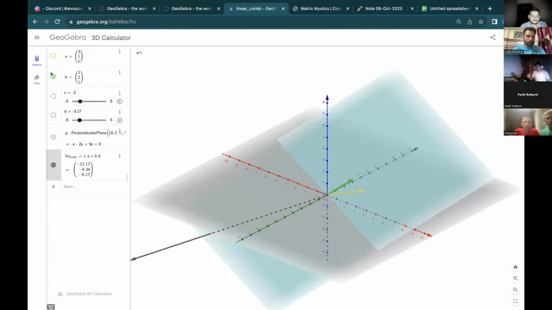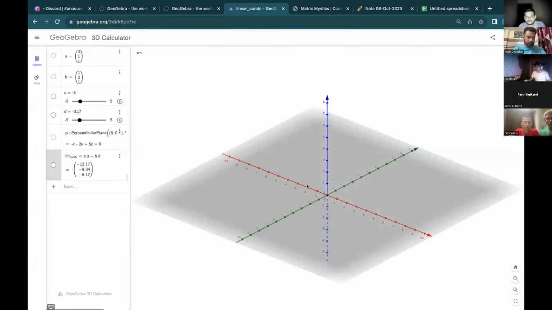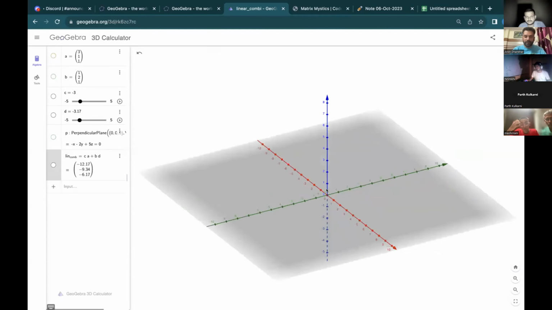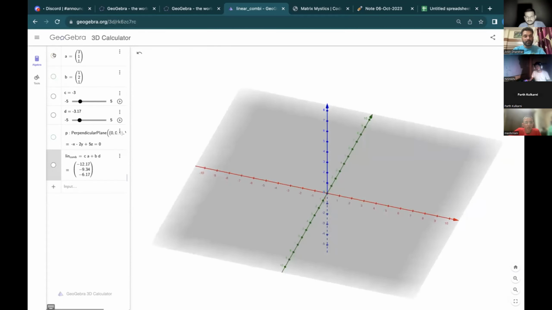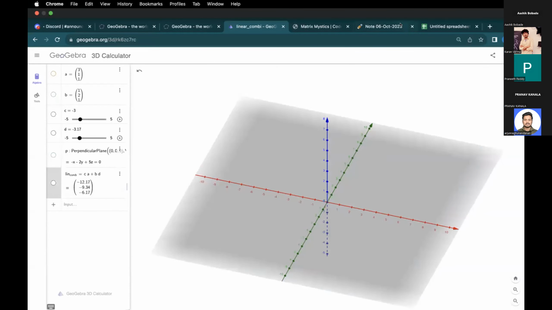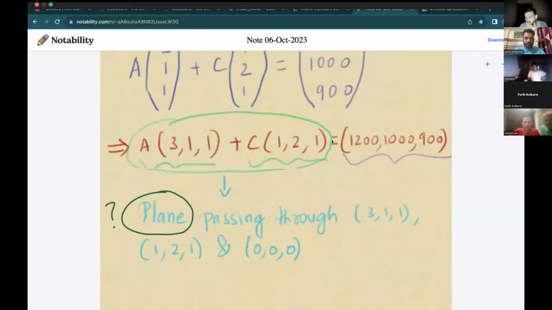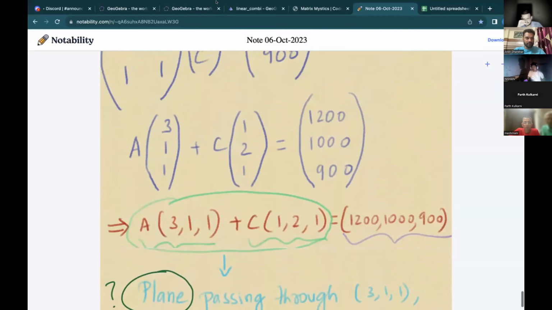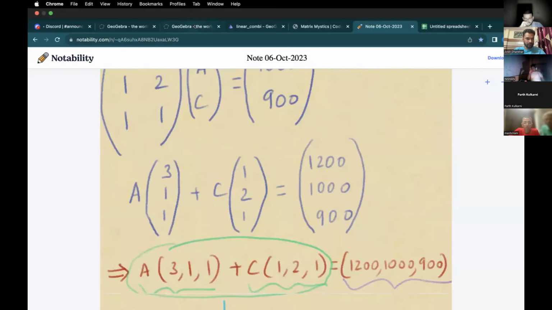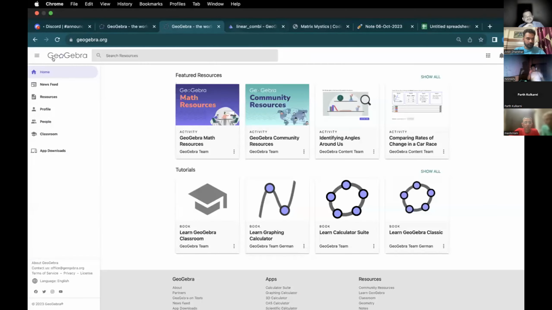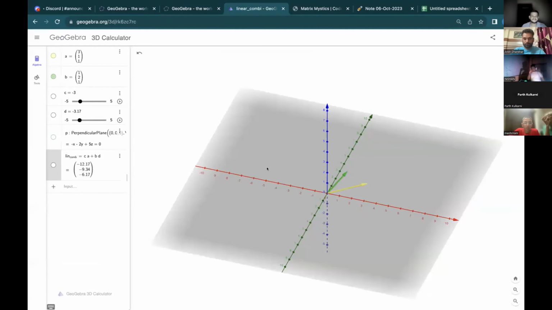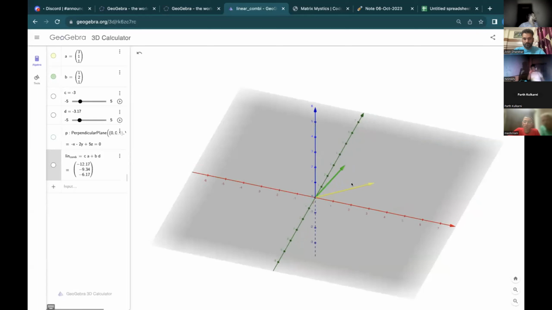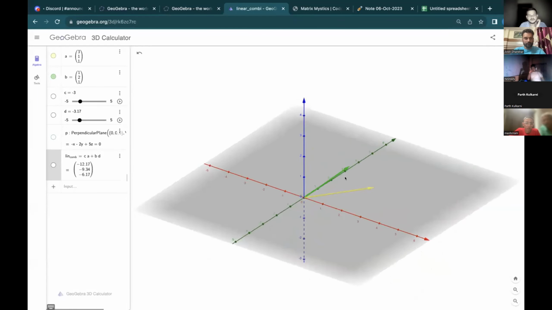And let's go from the basics for this question. This is just your 3D plane that we opened using the 3D calculator on GeoGebra. I just plotted these two points, 311 and 121, that you can see here. Is it visible now clearly? Yep.